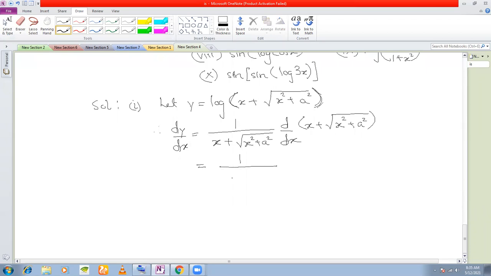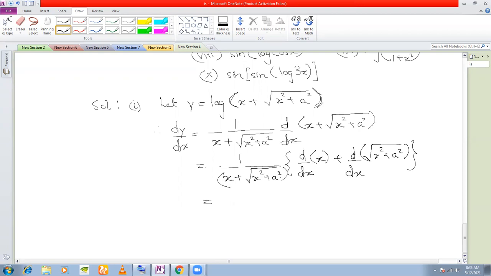So you have 1 by x plus root x square plus a square, into d/dx of x plus d/dx of root x square plus a square. You differentiate this, you get 1 plus.